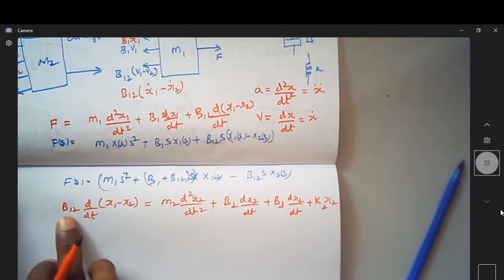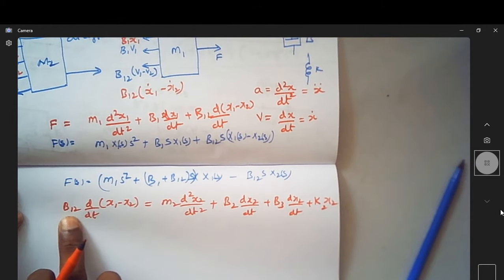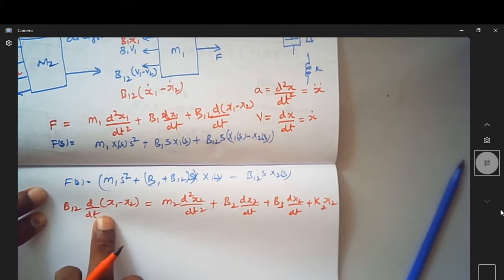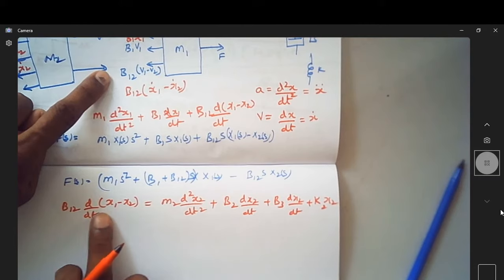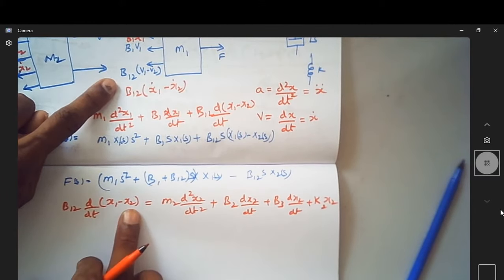So this is my equation. Have a look at it and understand the acting force, which is this b12 d by dt of x1 minus x2.